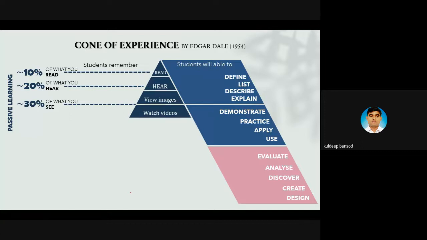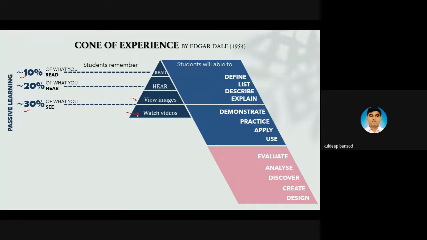If you can't hear and you can't watch, then only on the basis of words, whatever information is bombarded toward your brain is correlated with your past memories. And hence, the remembering capacity of the student goes on increasing from 10% to 30% with views, images, and watching videos.